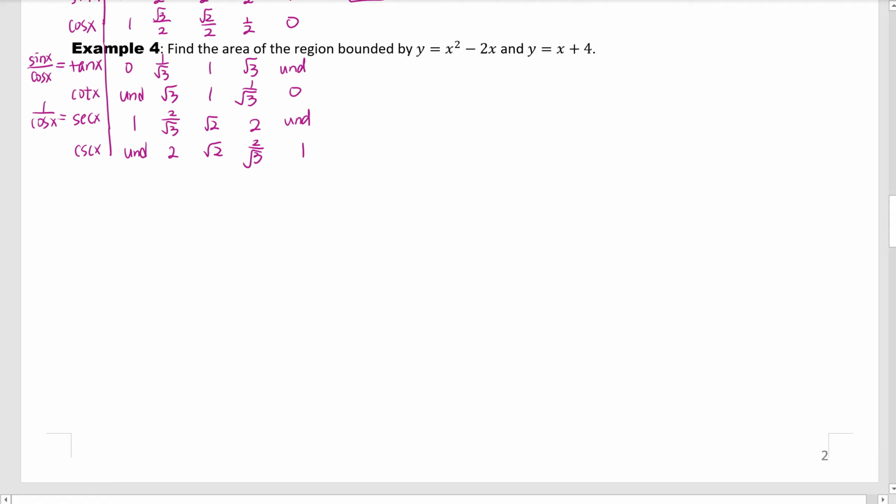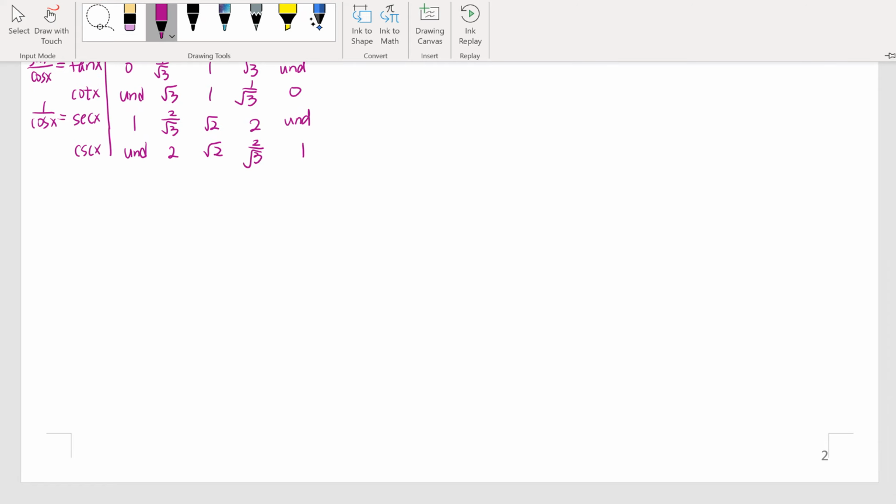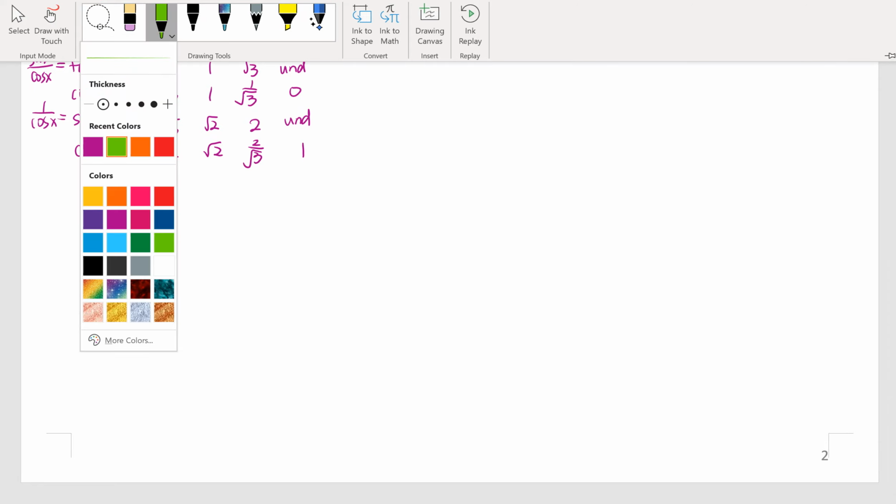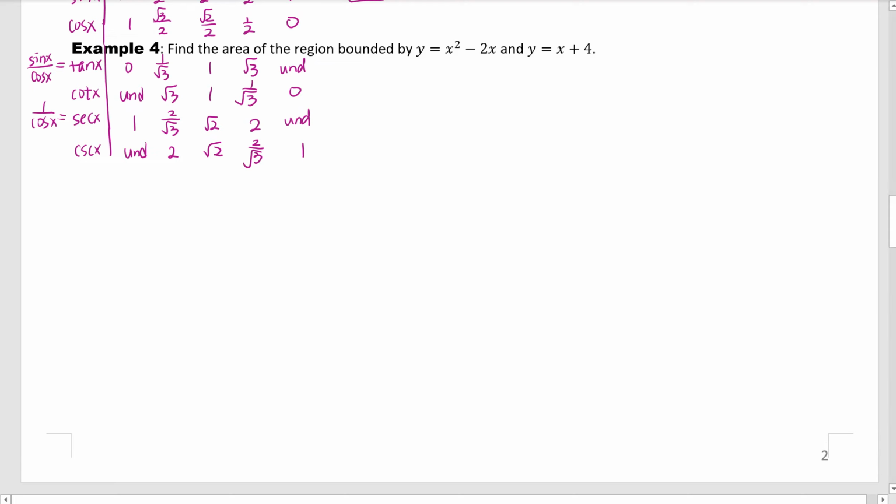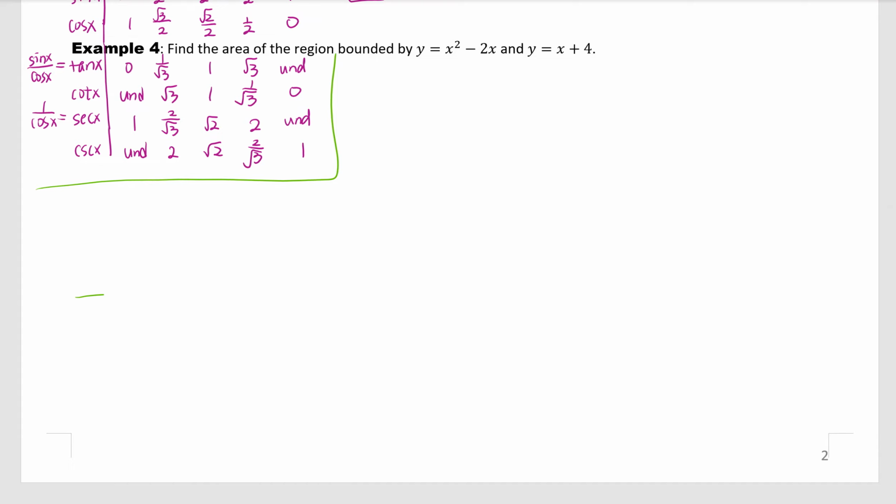Example 4. Let me change to a different color because we have some overlap there. We want to find the area bounded by the parabola and the line. How do we draw the parabola? Because the leading coefficient is positive, we know it's going to open up. But let's look at this guy.